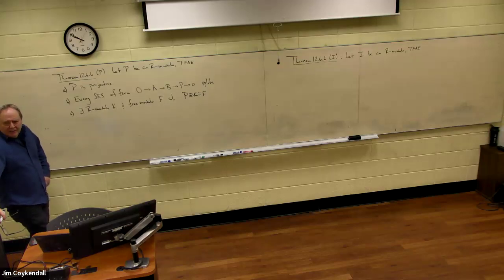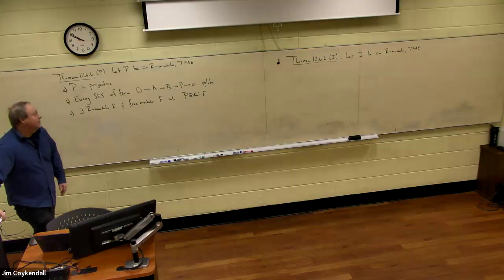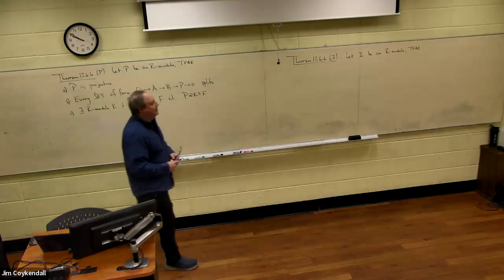What it means to be projective is it's the direct summand of a free. And from that particular perspective, if that's your definition, it makes it obvious that any free is projective. We'll say more on it.